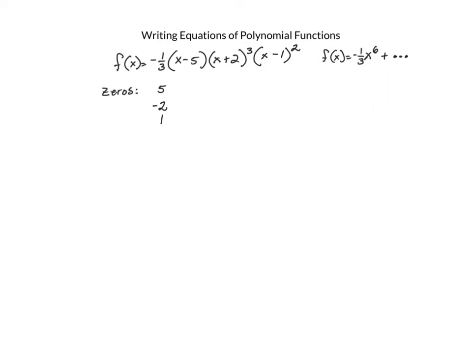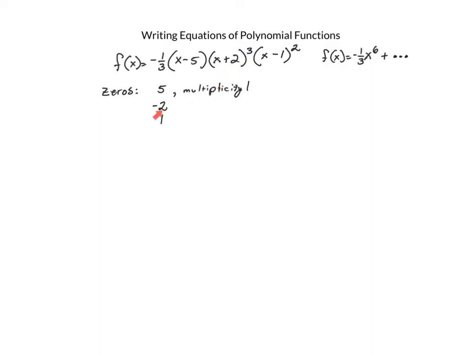Now let's talk about the multiplicity. This 5 came from this factor x minus 5, which is to the first power. So the multiplicity is 1. If we look at our next factor, it's raised to the third power.